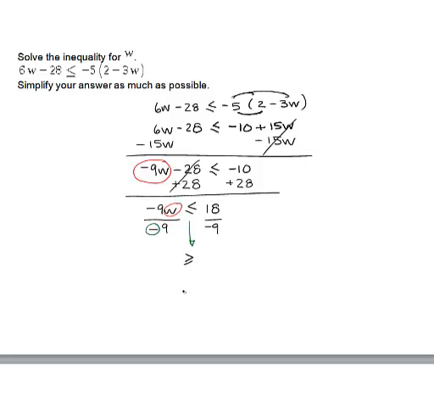Now I can go ahead and do the math. My negative 9 divided by negative 9 cancels out to give me a 1w, and my 18 divided by a negative 9 gives me a negative 2. So my answer is w is greater than or equal to negative 2.